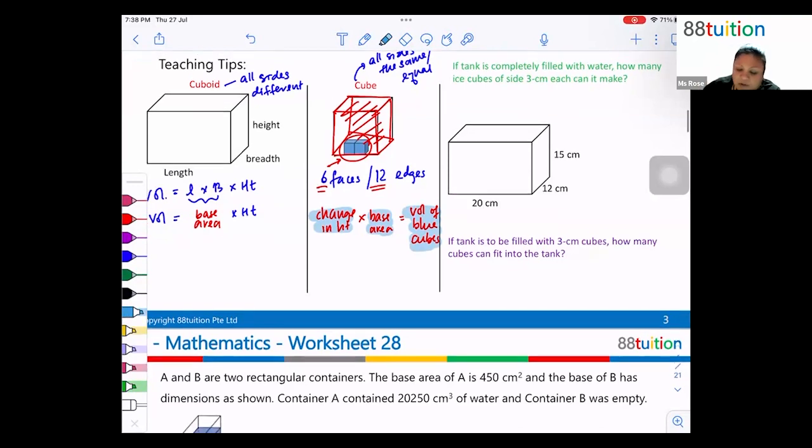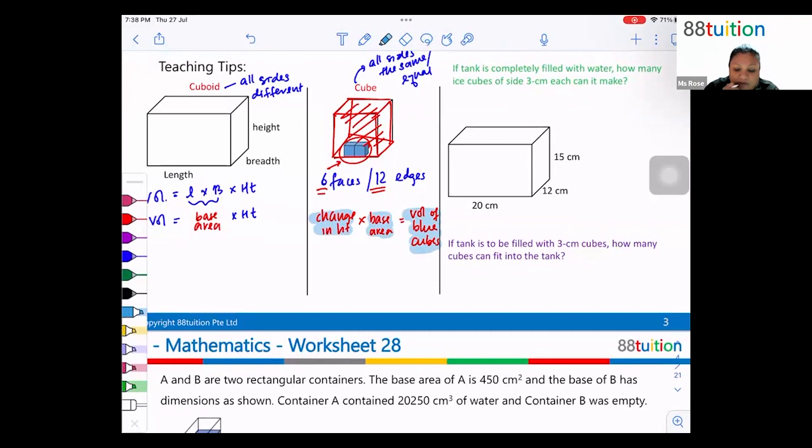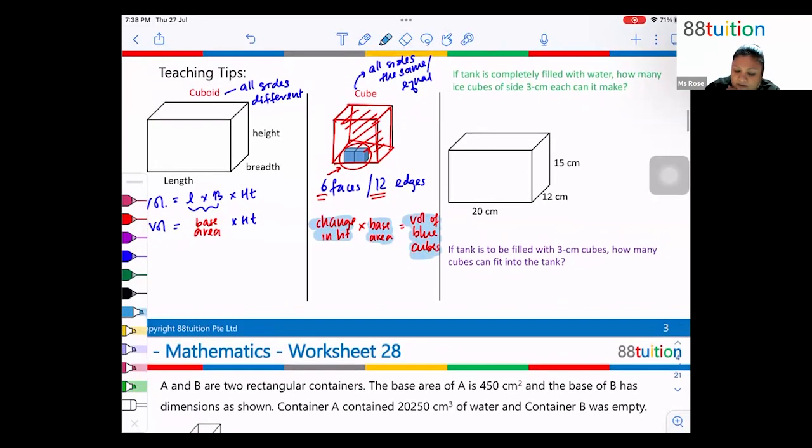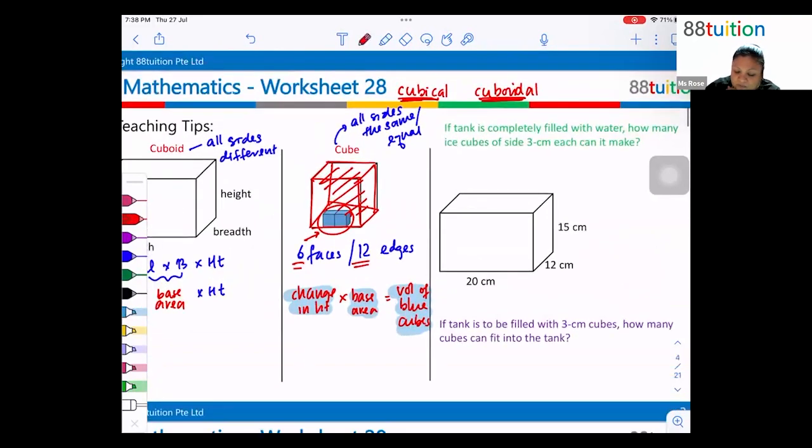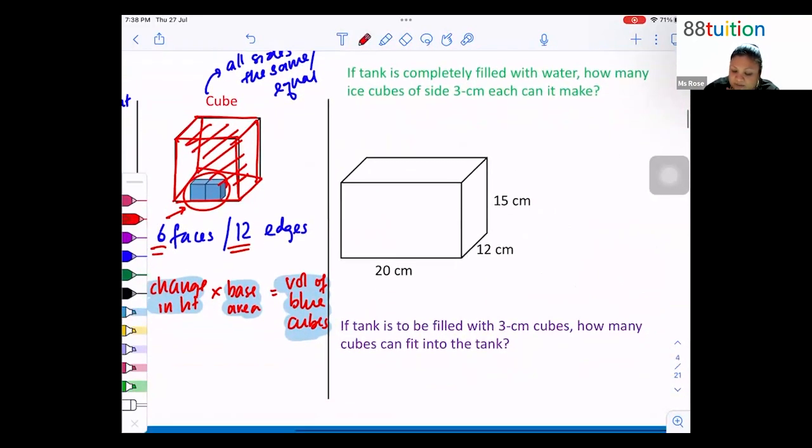All right. Now, if I bring your attention to the cube here, with the blue and green text, you can see I have a cube whereby the volume is 20 times 12 times 15, which gives me 3,600.